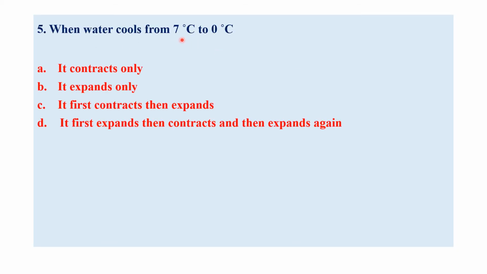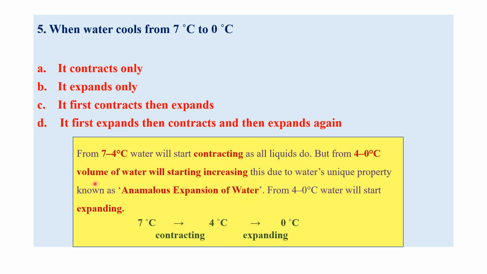When water cools from 7 degrees C to 0 degrees C, it contracts only, it expands only, it first contracts and then expands, or it first expands, then contracts and then expands again. So the answer is from 7 to 4 degrees C, because at 4 degrees C there is an abnormal change in the expansion or contraction of water. So we will divide this temperature range into two parts.